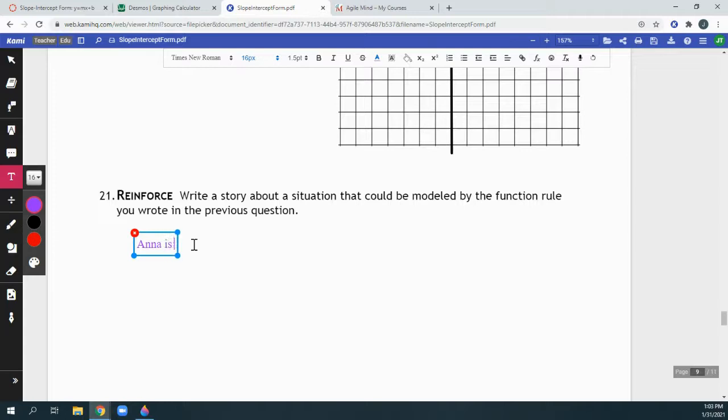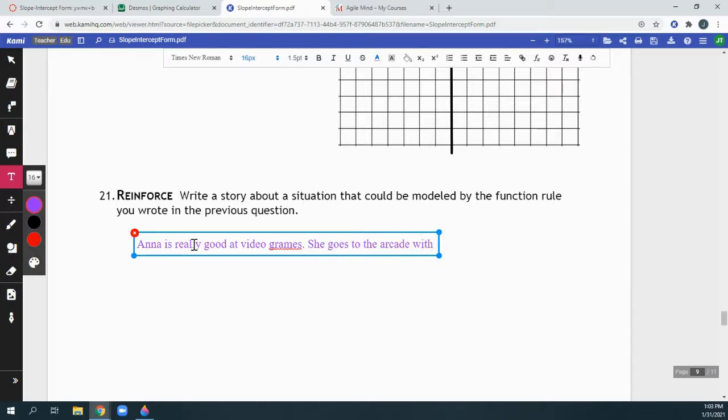She was really good at video games. She goes to the arcade with $4. I'm really, really typing great.